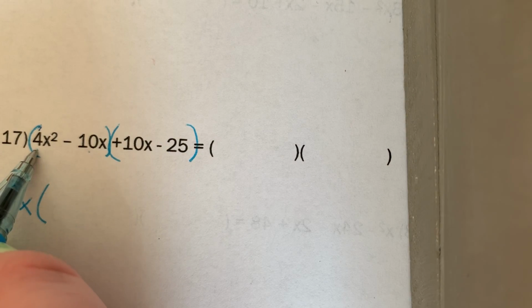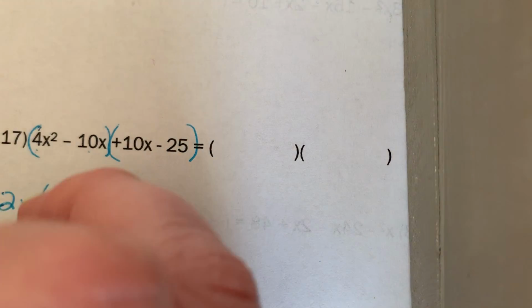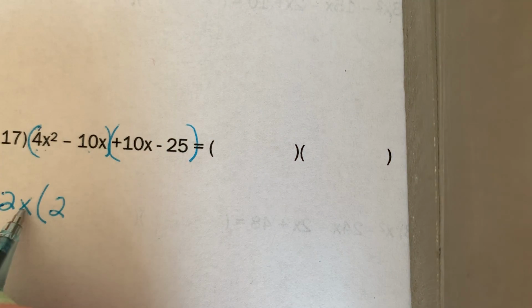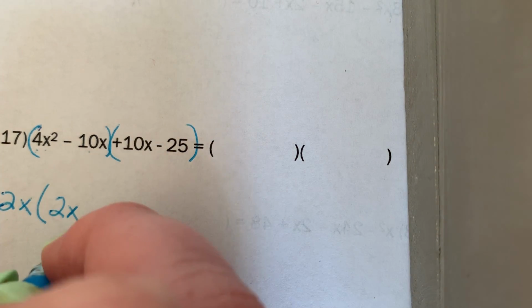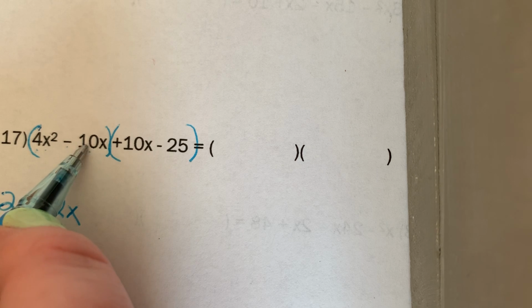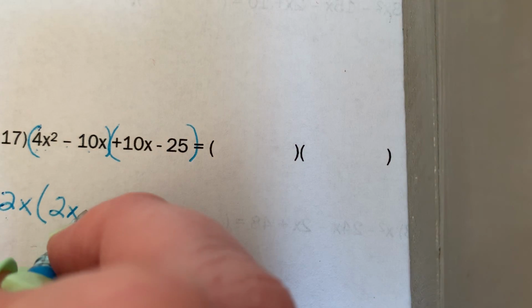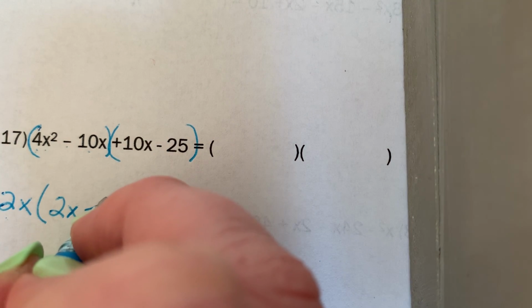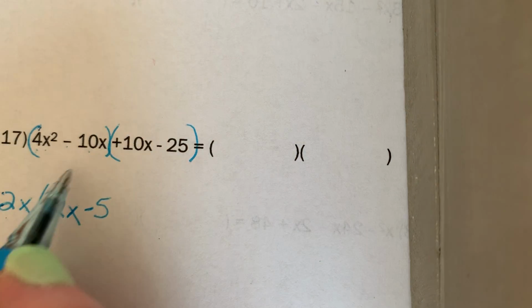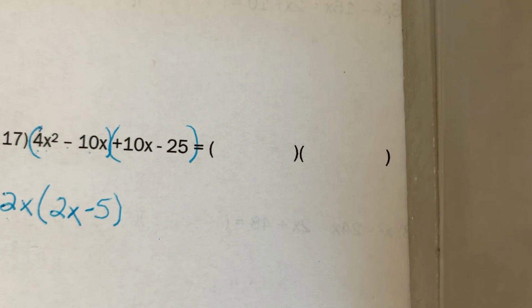Divide both of these by 2x. So 4 divided by 2 is 2. X squared divided by x is just x. Negative 10 divided by 2 is going to be negative 5, with the x's canceling out.